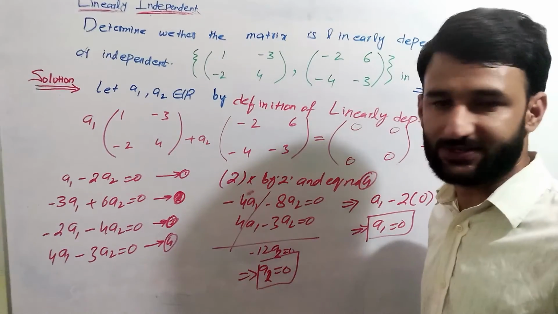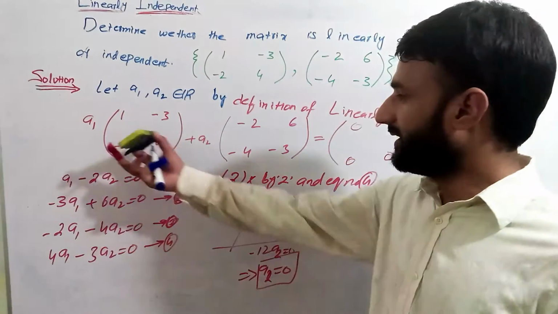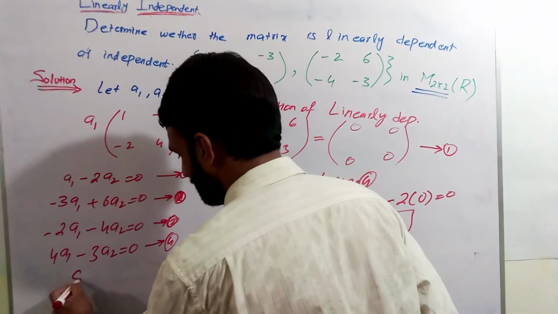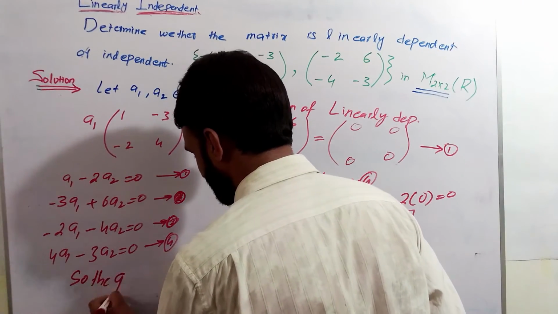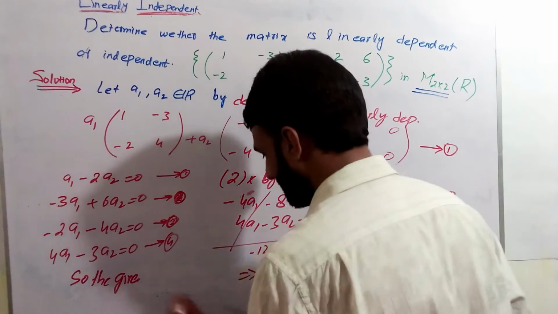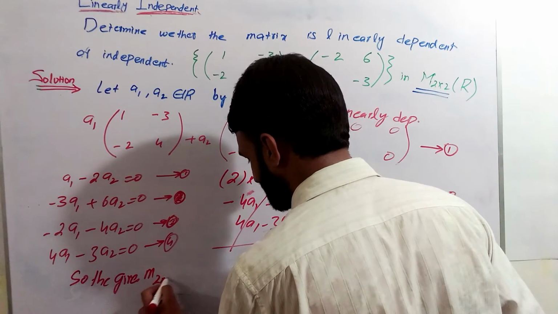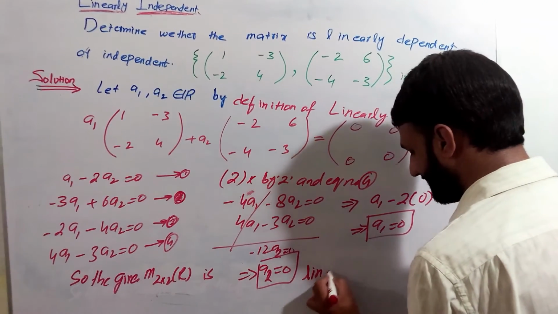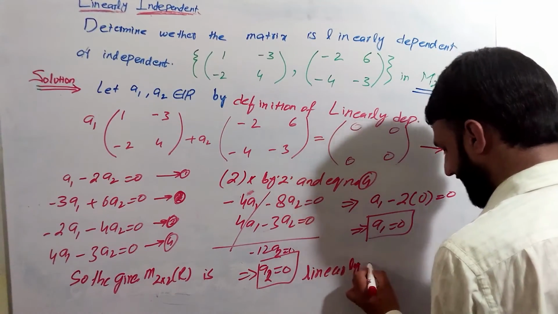These constant scalars being 0 means that the left and right hand sides are satisfied. So the given set of 2 cross 2 matrices is linearly independent.